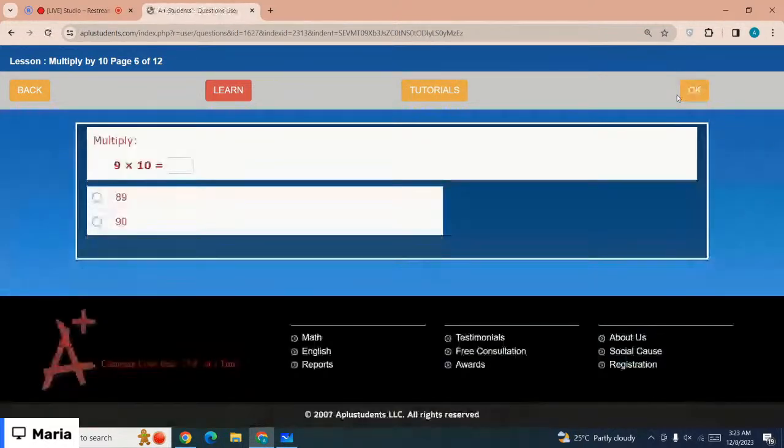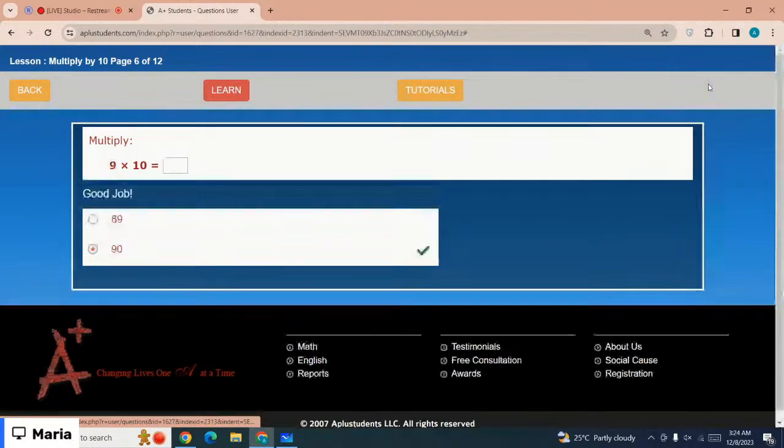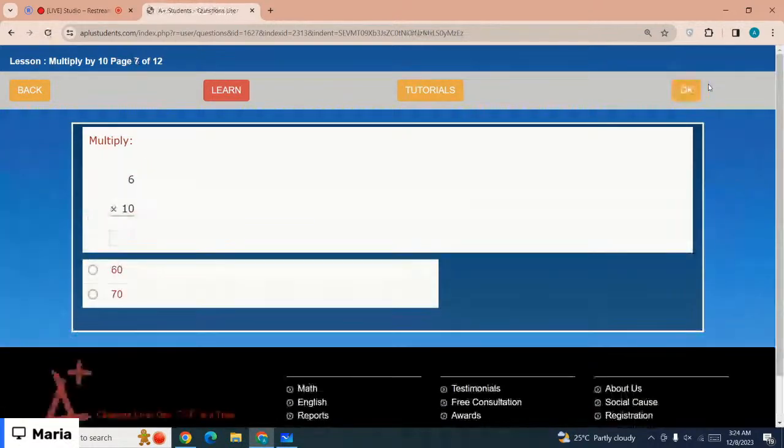The next one is 9 times 10. So 9 times 10 equals... 9 times 10 is 90. The correct option is 90. Very good. Okay, the next one is 6 times 10.